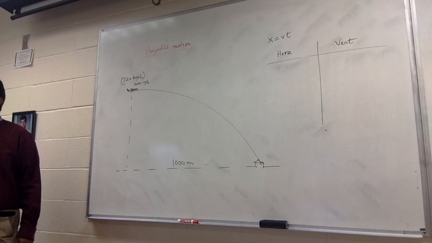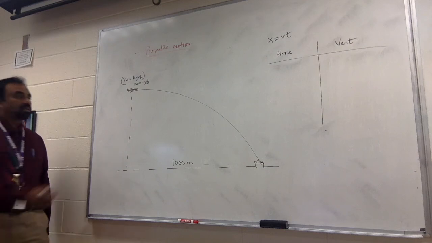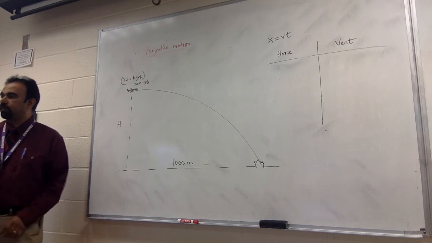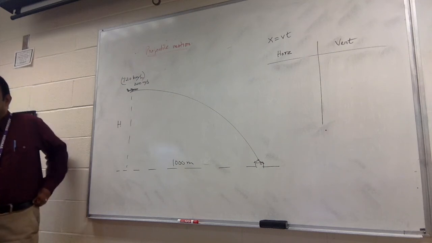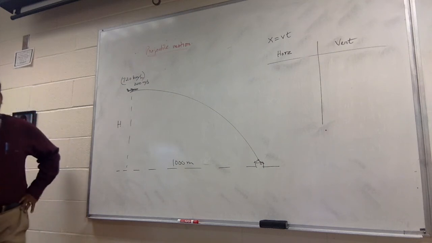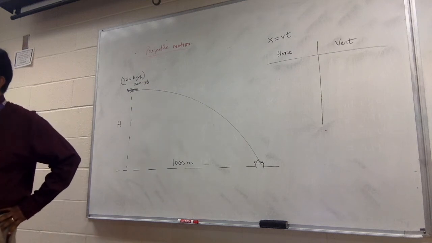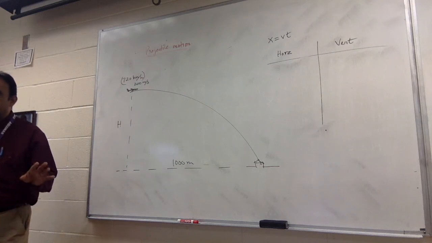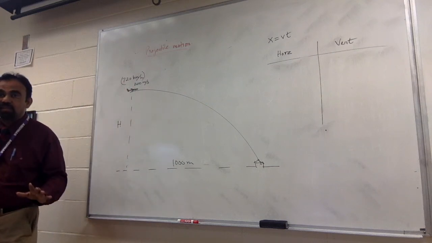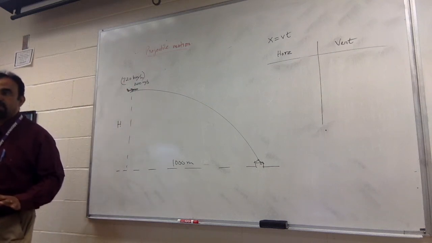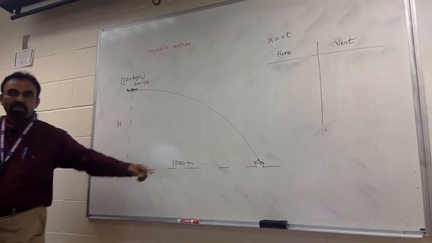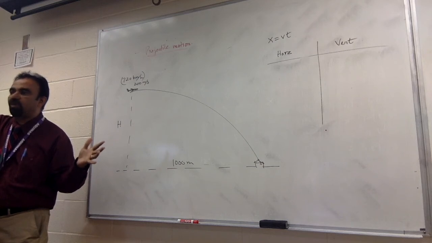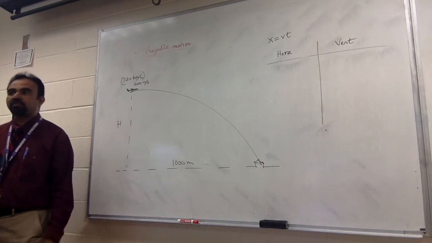The question is, at what height should it be flying for this to happen? It's flying at that speed, and you can choose which height to fly. 1,000 meters before the target, it wants to drop the bomb. So from what height should it drop the bomb so that it will hit the target?